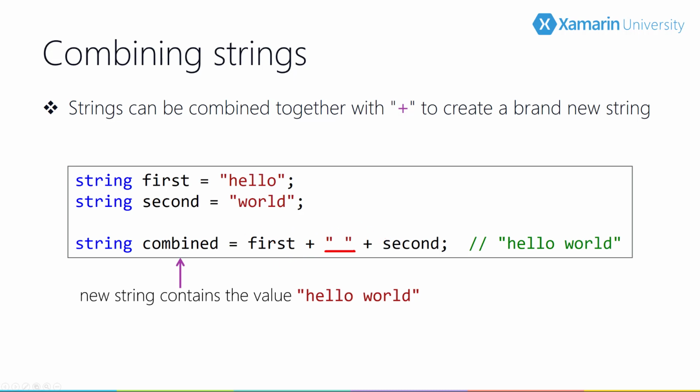Our second string is an empty quote, basically just a space, so that we can create a space in between the words hello and world. We have another concatenation to combine that string with the tail, which is second, and second is the value world. So if we were to print the value of this variable, we would see hello space world.